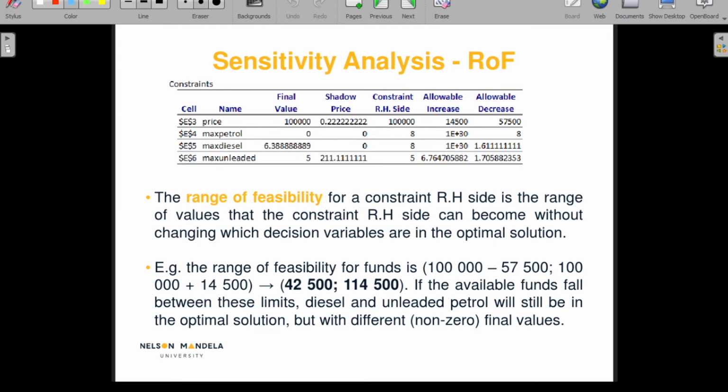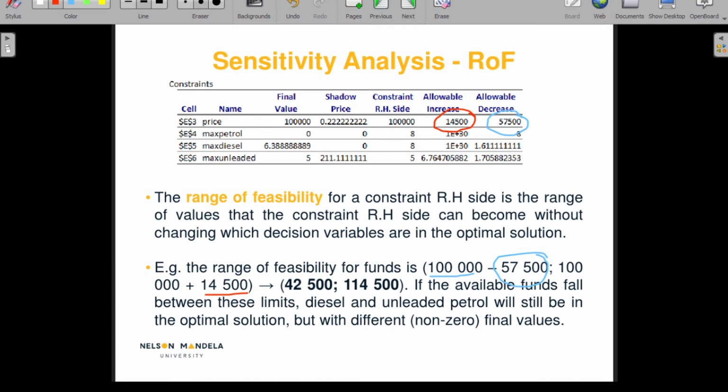So to get the range of feasibility for the funds, for example, we take the constraint right-hand side for funds, which is 100,000 rands, and we subtract from that the allowable decrease to get the lower limit. And then we take the 100,000 rands and we add to that the allowable increase of 14,500, and the resultant range is called the range of feasibility.